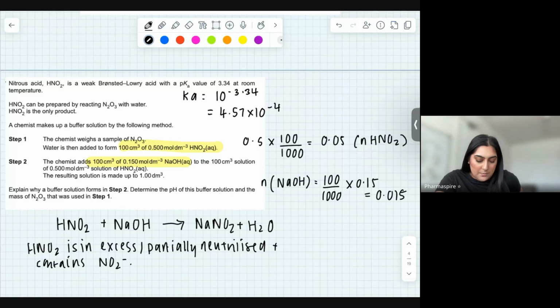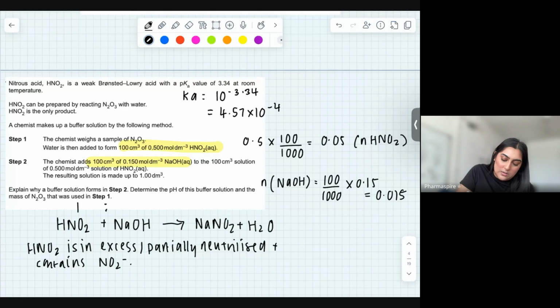We need to actually determine the pH of the buffer. So we basically started off with 0.05 mole of HNO2, and then we've got 0.015. What is the ratio in the equation that we're dealing with? We don't know it's in excess. We're going to prove it now, but that's just the general definition. 1 to 1 to 1, okay?